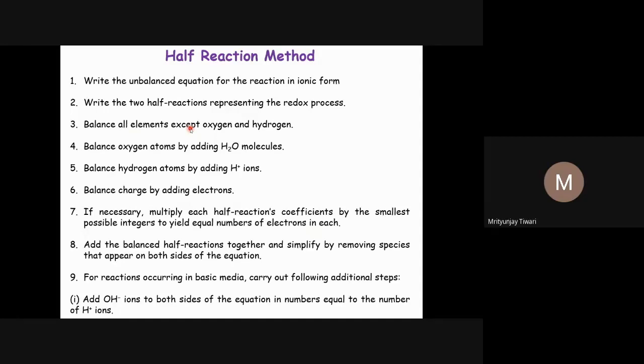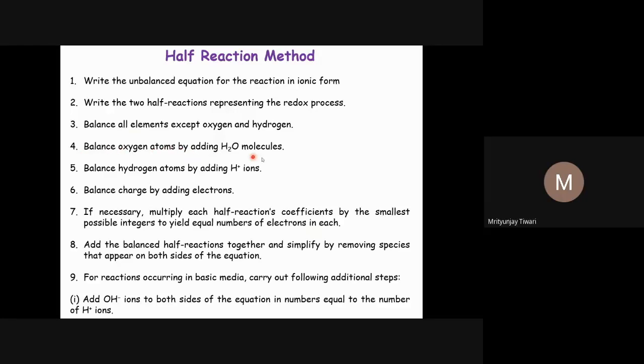Because the redox reactions we look into usually happen in aqueous medium, and we balance hydrogen and oxygen with the addition of either H plus ions and water molecules, or OH minus ions and water molecules. That we do in a separate step. So in the third step, we balance all the atoms except oxygen and hydrogen, that is, making their numbers equal on the left hand side and the right hand side.